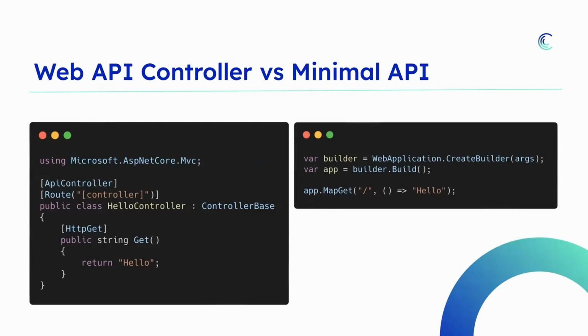It's easy to understand what it's doing. It's just returning some string. And it's really great, for example, if you are a newbie and want to learn how to create a web API. I think this is the faster way to do it.